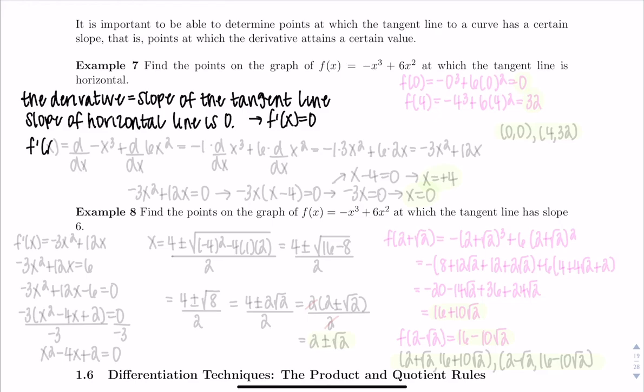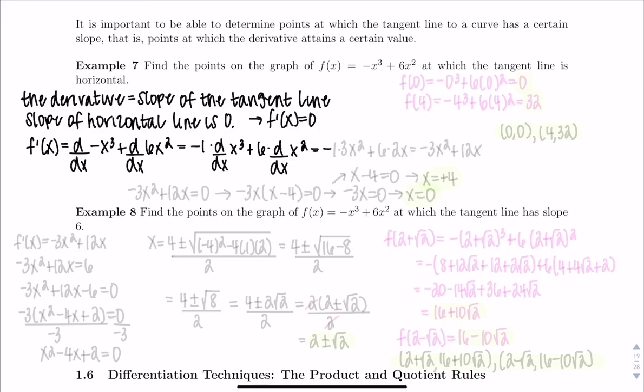So f prime of x, we're going to find the derivative of negative x cubed plus the derivative of 6x squared. So we're going to pull that negative out front times the derivative of x cubed, and we're going to pull that 6 out front and find the derivative of x squared.